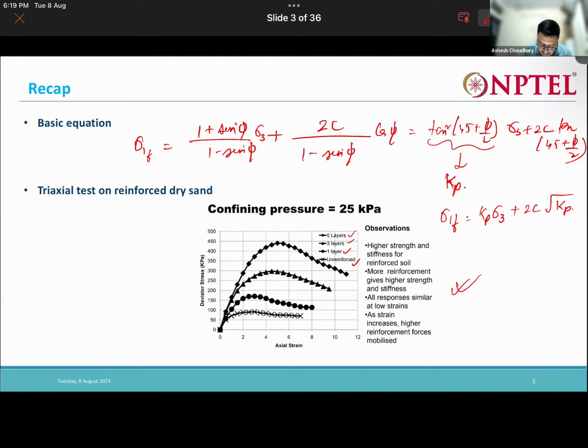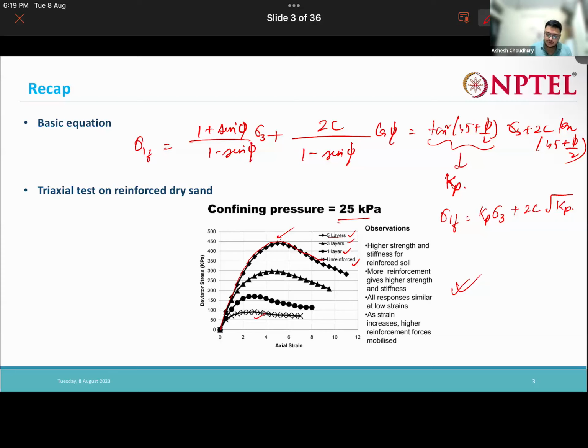Hence you can see that as we increase the number of layers of reinforcement, the peak strength of the soil is increasing, right? This is for the unreinforced soil, and this is for the soil reinforced with 5 layers, right?